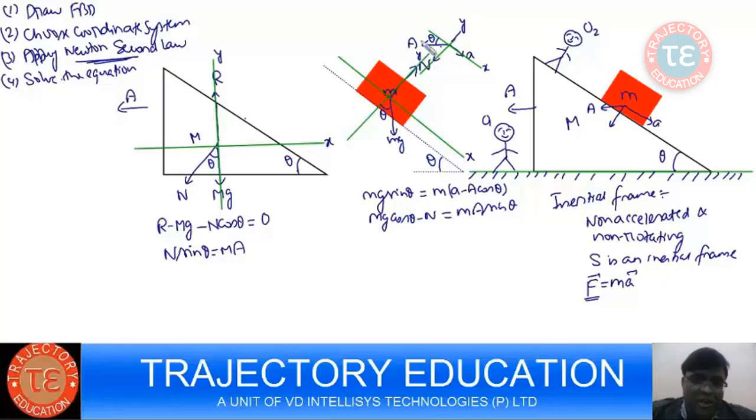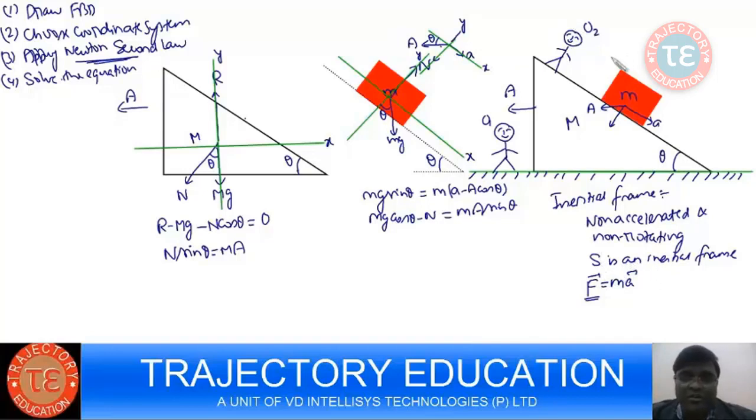Hence, the free body diagram they are going to draw is the same. So the forces they observe are the same. That's not an observer dependent quantity. I am not talking about pseudo forces. I am only talking about real forces which arise out of interactions. Since the interactions observed by O1 and O2 are the same, the free body diagram they are drawing is the same, and the forces they are observing are the same, right?